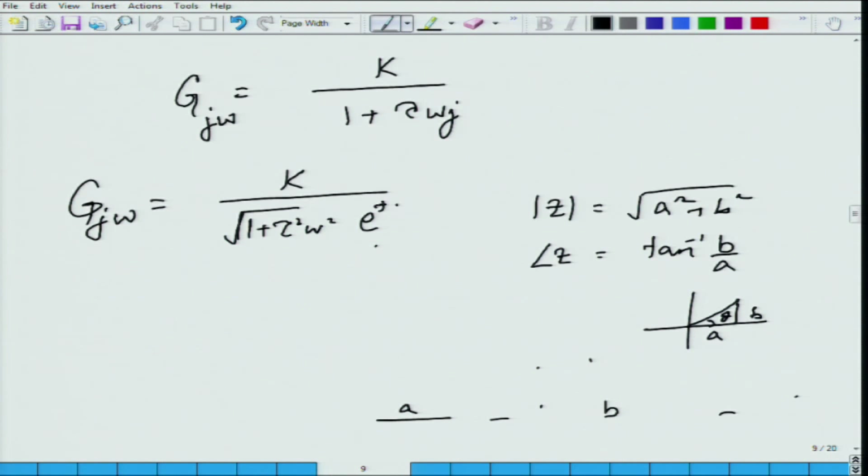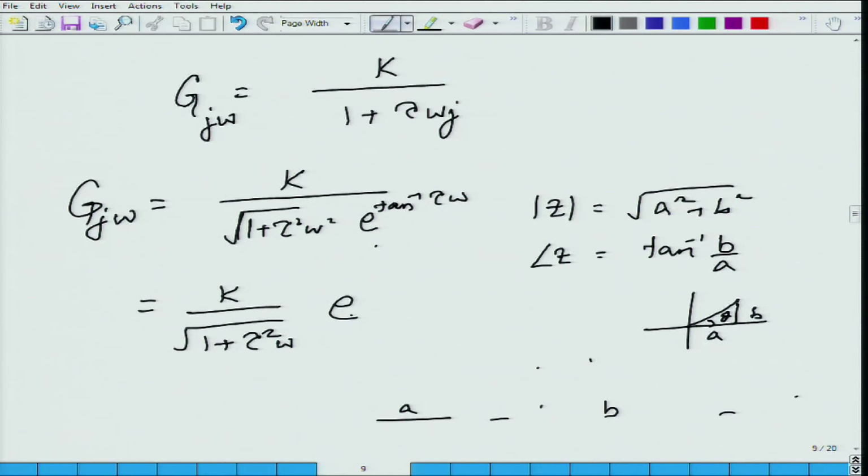So, that is going to be tan inverse τω, and then this guy will turn out to be k over the square root of 1 plus τ²ω².